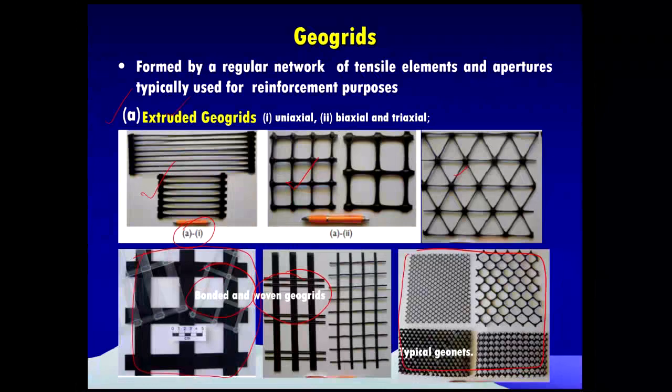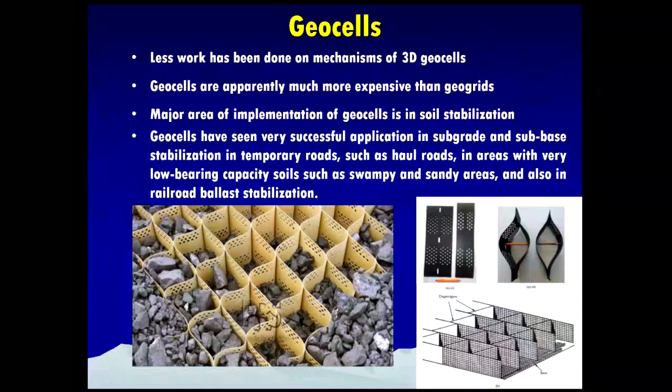The presently available commercial geogrid products include mostly extruded geogrids, woven geogrids, welded geogrids, and geogrid composites. These materials are extensively used in pavement construction. Not only this, we also use them in geocells.